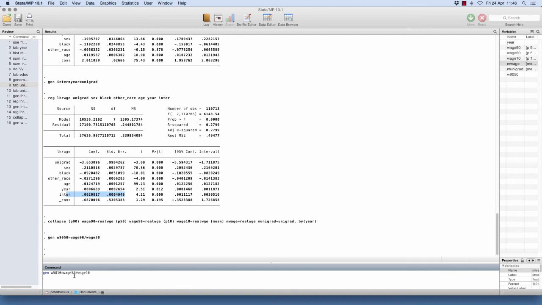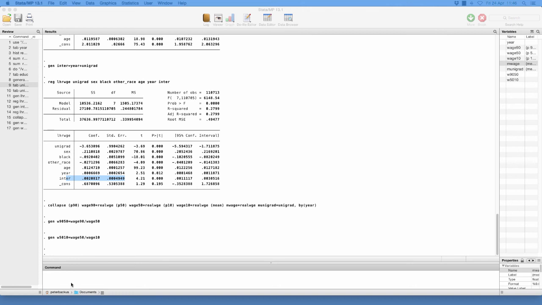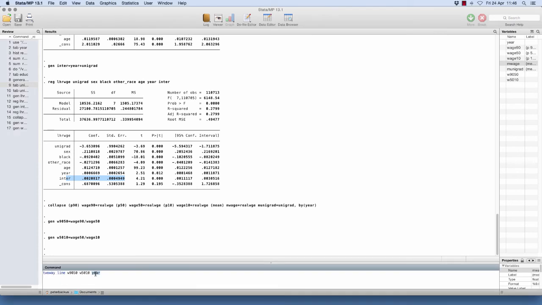Make the 50-10 ratio for each year. And now we're telling Stata, draw me a line. The last variable with this command is... Stata, I have two variables, I need a two-way plot, so Cartesian coordinate system space. Draw me a line. This is going to be a y variable, this is going to be a y variable, and this is on the x-axis. So the last variable is the one on the x-axis.